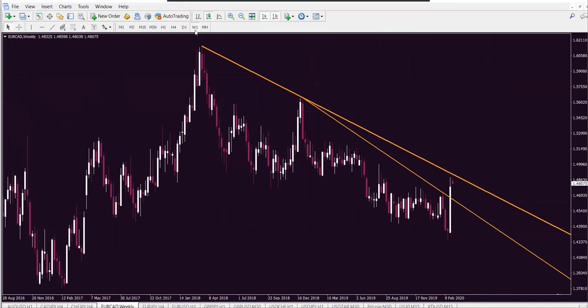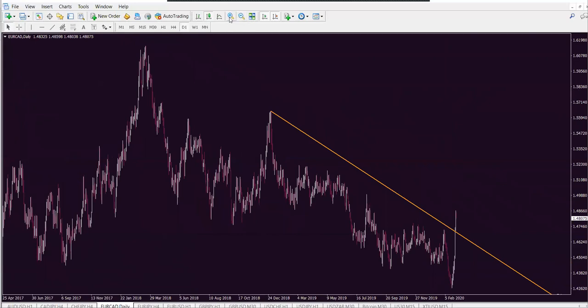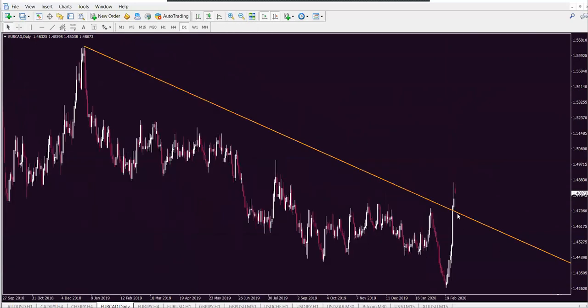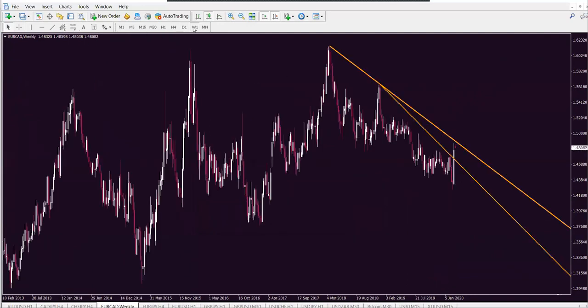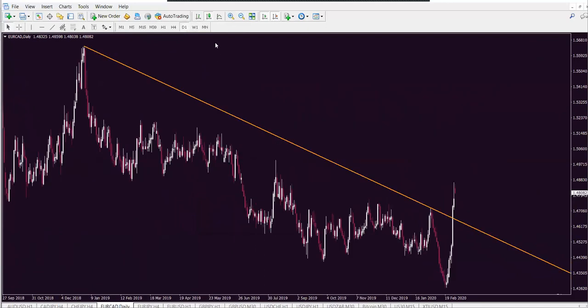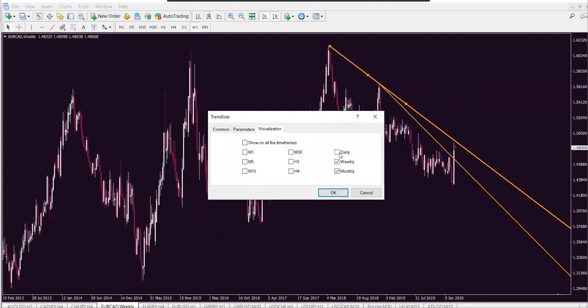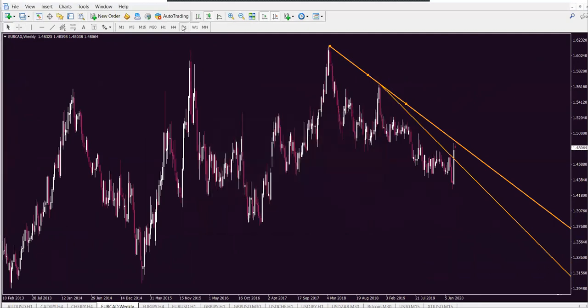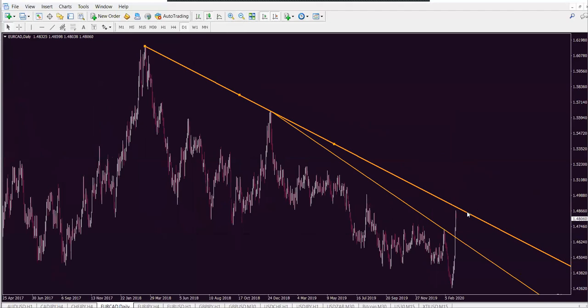Taking a closer look on the daily, we're seeing price seems to have found some resistance at the main trend line.